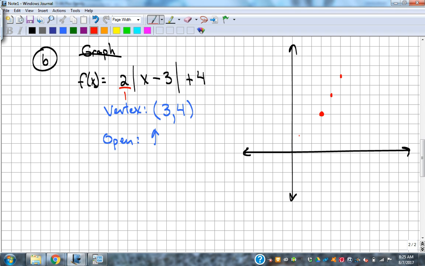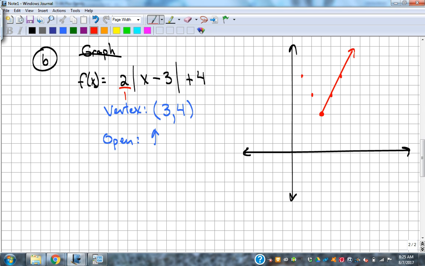I just do that a couple of times to the right. And then from that vertex, I'm going to go to the left a couple of times. So I'd go up 2, left 1. Up 2, left 1. And I thought I could draw a straight line, but I can't, so I'm going to use a ruler.